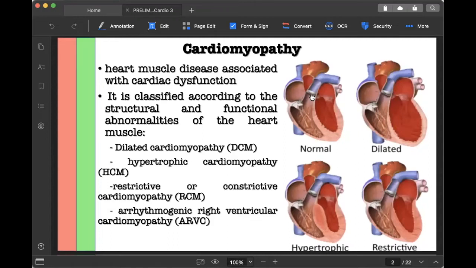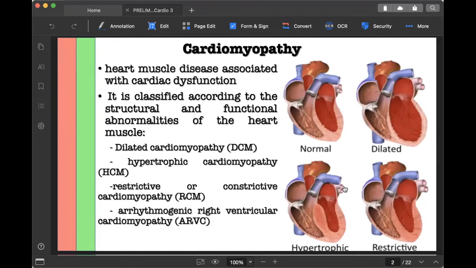On the first illustration, this is the normal heart. This one is what we term DCM, or dilated cardiomyopathy. As you can see, the muscle part here is dilated.